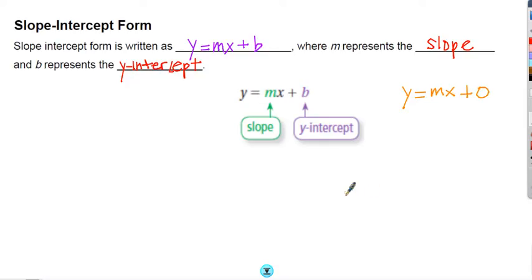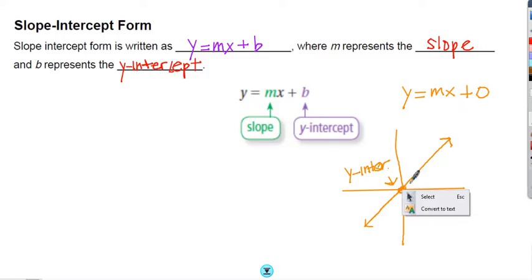Remember, the y-intercept is where the line crosses the y-axis, and if it was proportional, it was a straight line going through the origin, and we said that the origin is the y-intercept. Remember that? And if the y-intercept is the origin, which is 0, then our b would have been 0. And if it's 0, you don't have to write that. So it was just y equals mx.